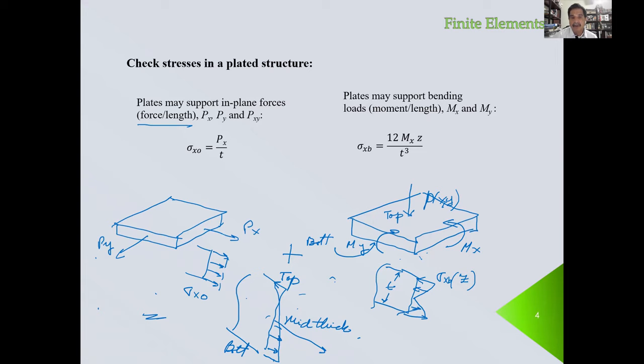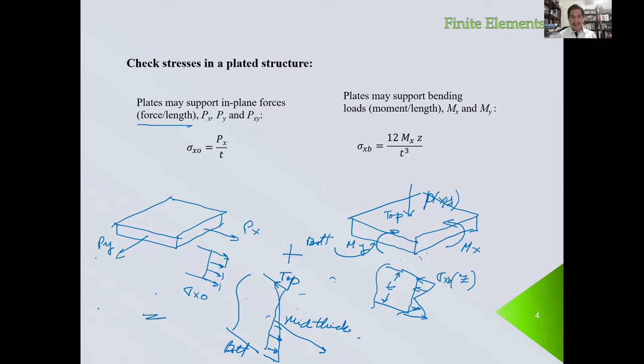On the other side, if you have basically no lateral load, only in-plane forces like Px or Py, in that case, the stress at the top and the stress at the bottom has to be very similar. That means that basically the bending effect is very small. Now, this is something that we need to remember.